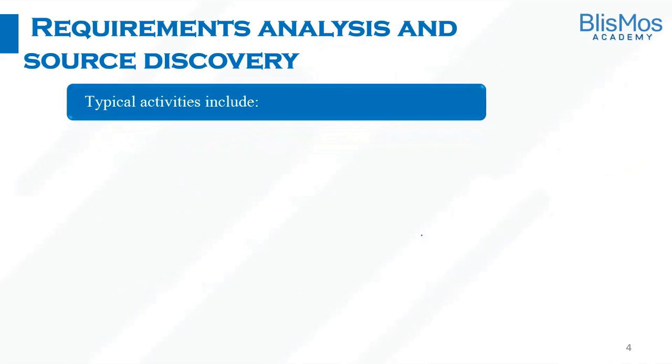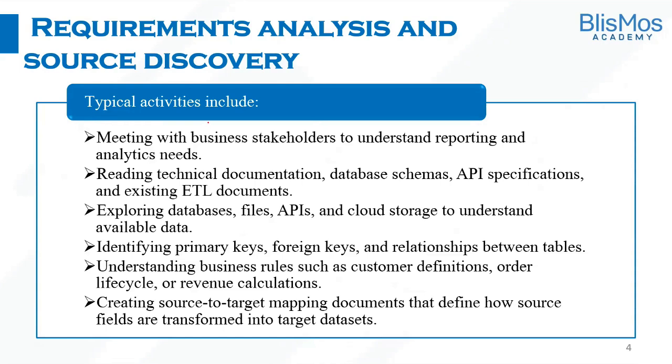When we peek into the different activities in requirement analysis of data engineering, the typical activities include data engineers or data architects meeting with the business stakeholders to understand the need of business, and then creating the technical documentation, reading the technical documentation and schemas of the databases, and understanding what the API specifications are to connect with the other applications, exploring the databases.